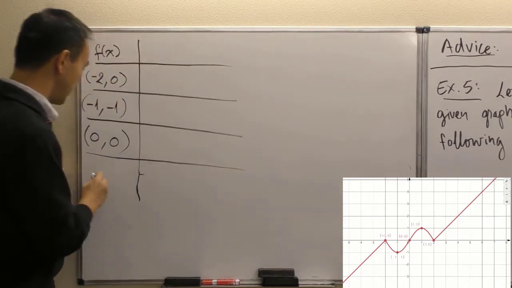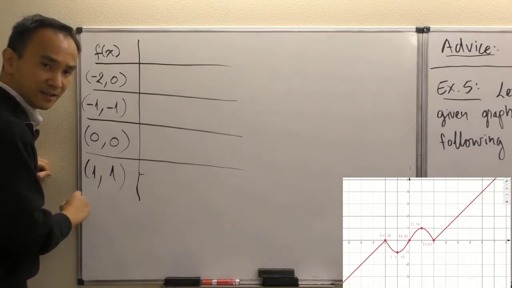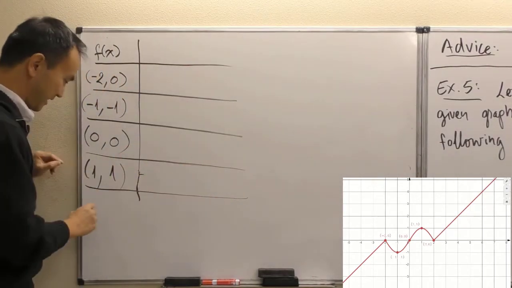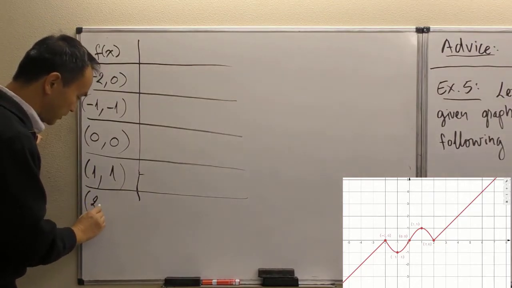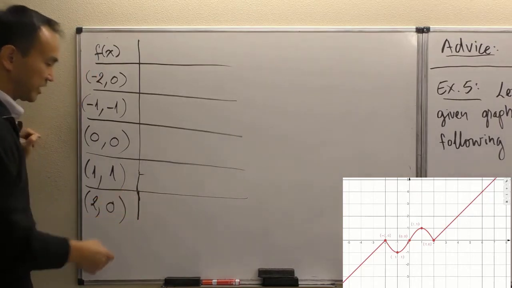Another one that stays right at 1, 1. And it's still on the graph right there. You can always look along with me. And we have another one at 2, 0. All right, so those are enough.